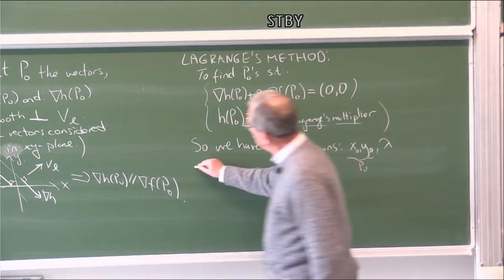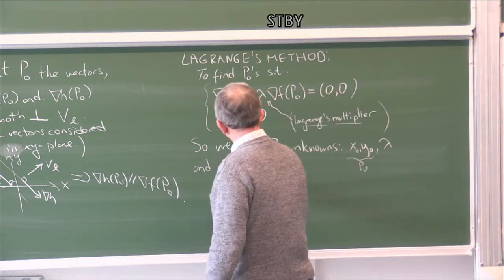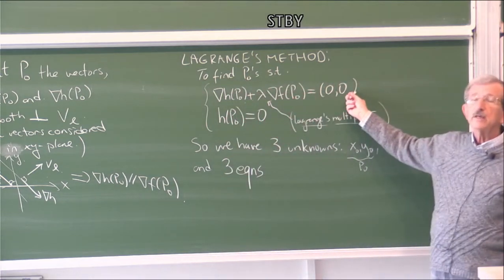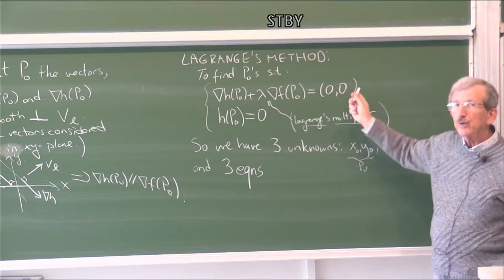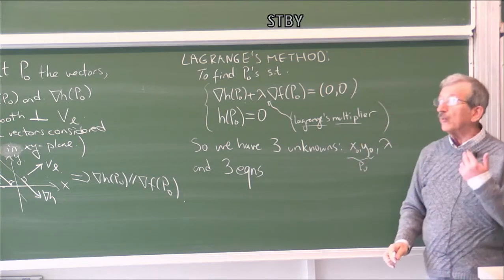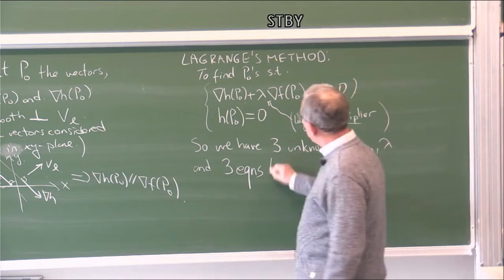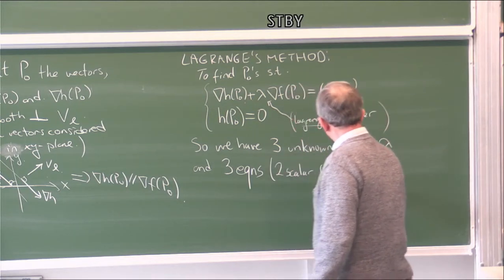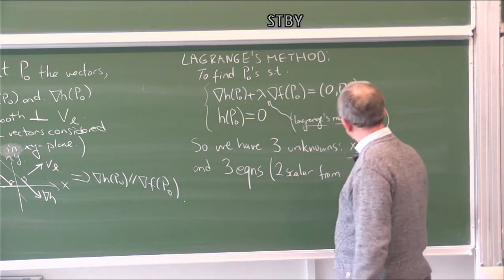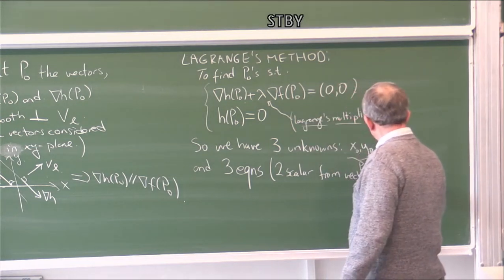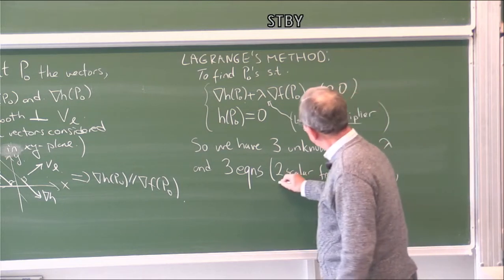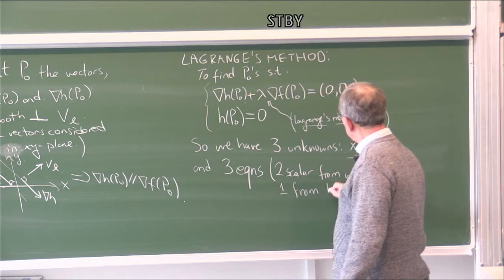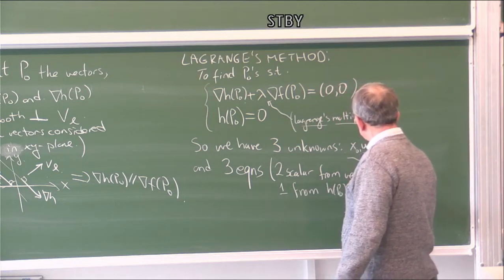And three equations, because the first one is a vector equation. If you equate the components, you get two equations from there. So three equations: two scalar equations from the vector equation, and one from h, h of p0 is 0.